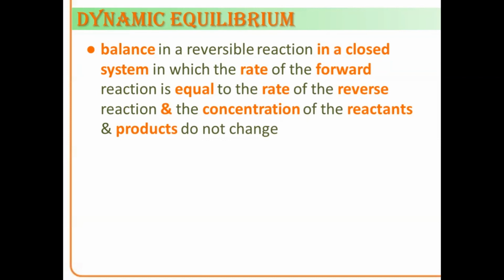If they are allowed to escape, like for instance in the thermal decomposition of calcium carbonate to form calcium oxide and carbon dioxide, if the carbon dioxide is allowed to escape, we do not have products that can recombine to give you the reactants. So whenever we have dynamic equilibrium, we need to have a closed system. And whenever you are asked to define dynamic equilibrium, you have to specify that the system is a closed system.